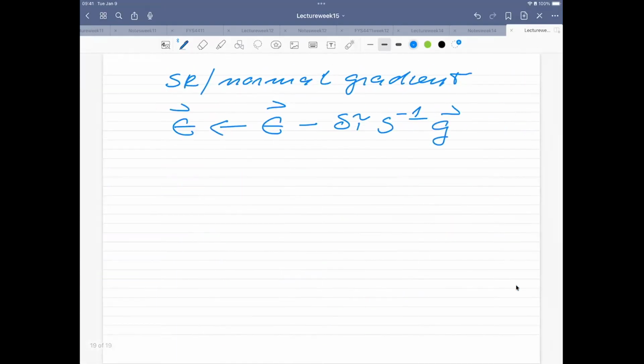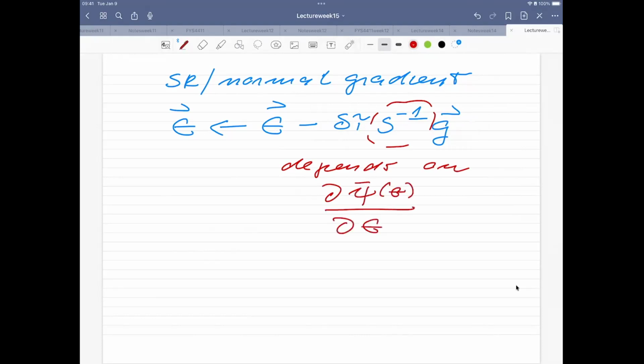So what we're having now is a quantity which depends on the tangent of the variational wave function. So this depends on the delta psi normalized of theta with respect to a given parameter here.